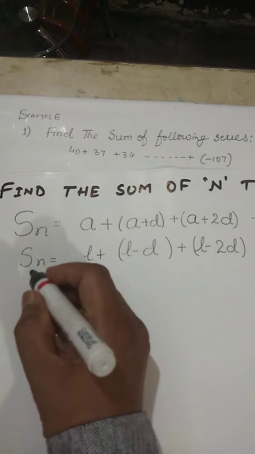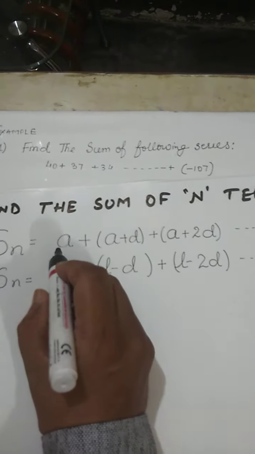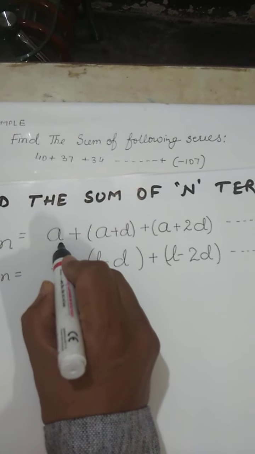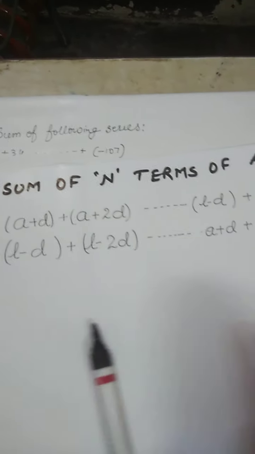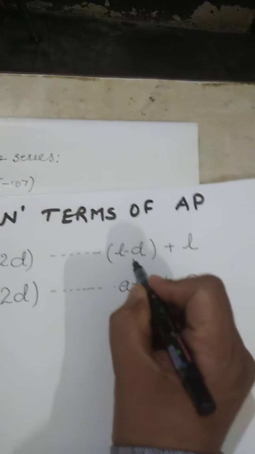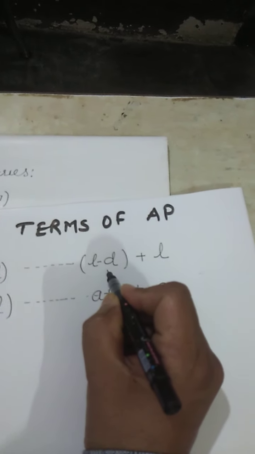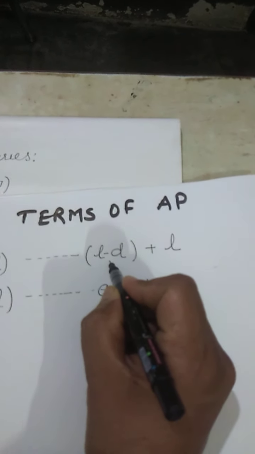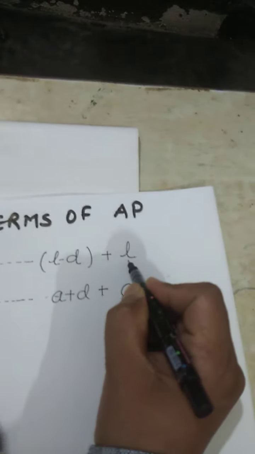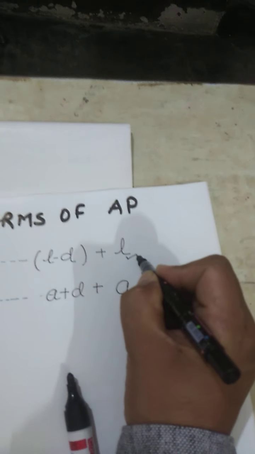My dear, suppose I am writing a as the first term, then a plus d second term, then a plus 2d third term, and then l is suppose your last term. So l minus d is the second last term, plus l, this is your last term.